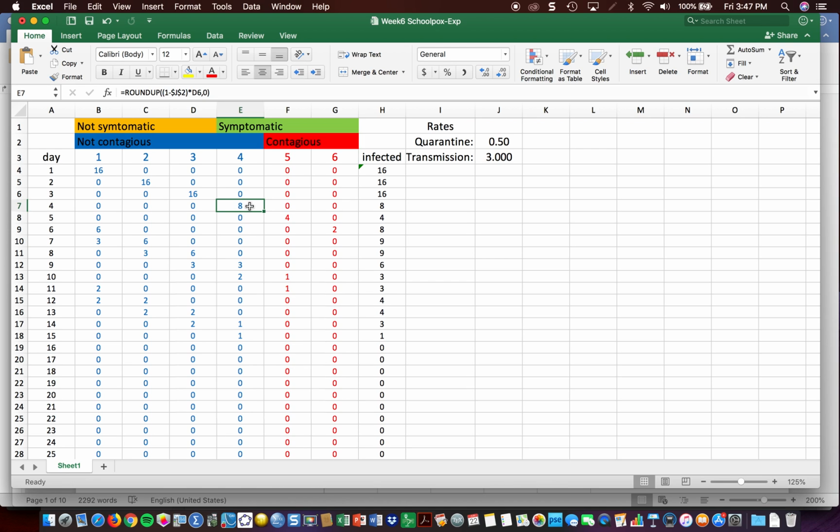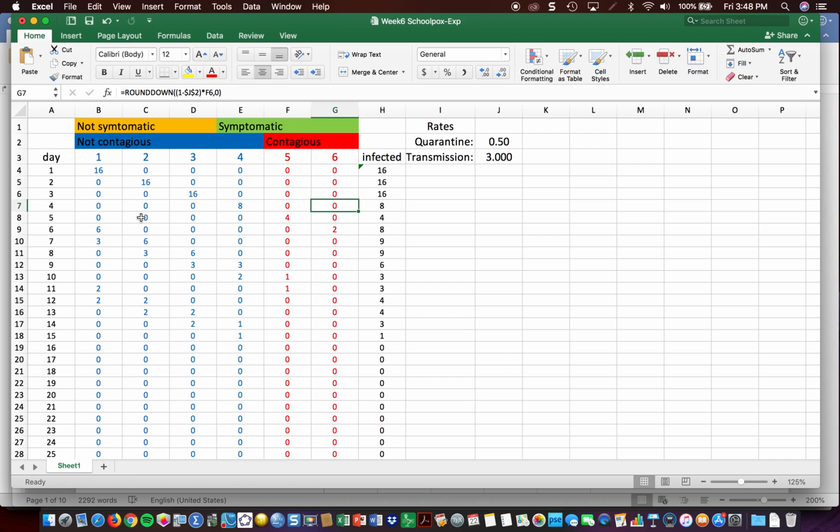That value could then be adjusted just by changing the quarantine rate. And then this one, again, the students that were 4 days sick, half of them were going to stay home. This is basically the same formula. And then on day 6, half of those students that were day 5 ill would then be quarantined.